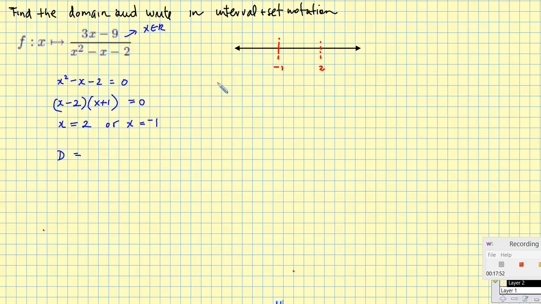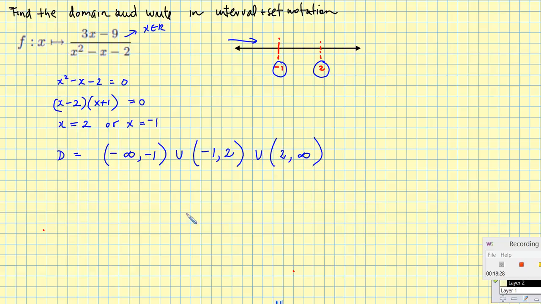So my domain, in interval notation, is that the values of x are not allowed to be equal to negative 1, and they are not allowed to be equal to 2. So I will start from my left-hand side, and I will say from negative infinity to negative 1, not included, and I do a union with from negative 1 to 2, and then a union with 2 to infinity.